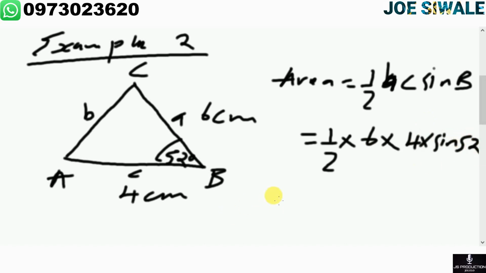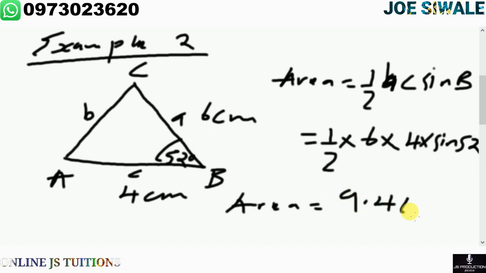So we can say area is equal to, if you punch it on the calculator, 1 multiplied by 6 multiplied by 4 multiplied by sine 52 divided by 2, that is going to give you 9.46 squared centimeters.